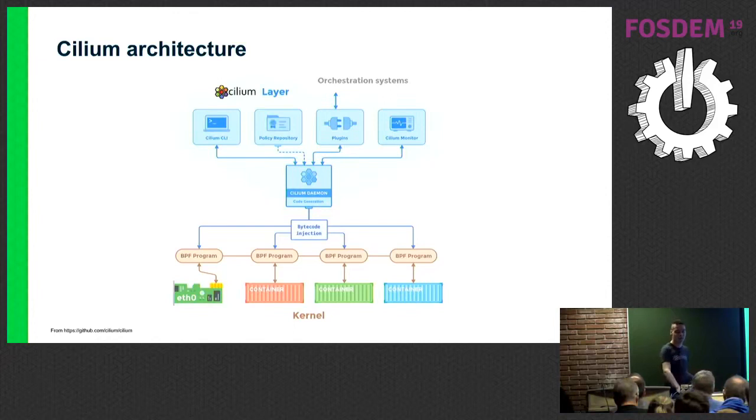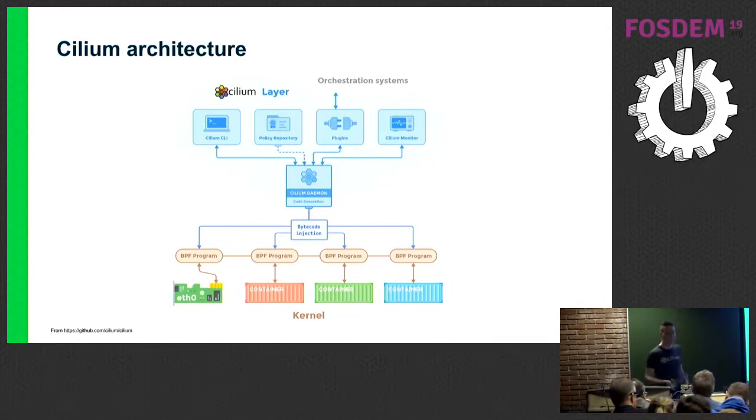And then the Cilium agent is watching the Kubernetes API for another concept which is called network policies. In Kubernetes you can provide policies saying from which pod to which pod you can connect or not, or provide a list of IP addresses, for example. So in general, network policies in Kubernetes are something like firewall rules for orchestrated containers.